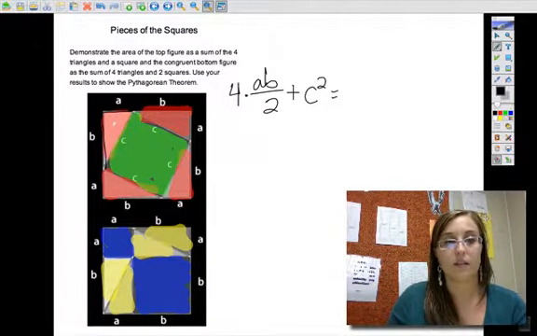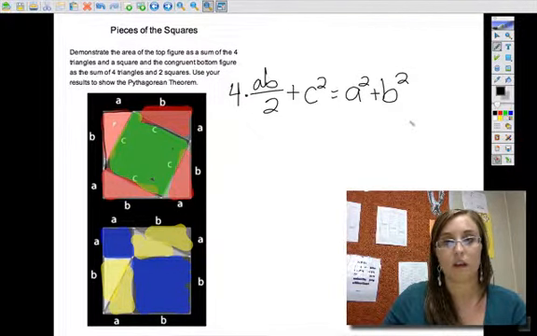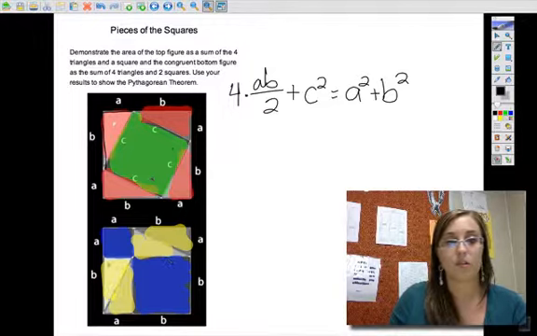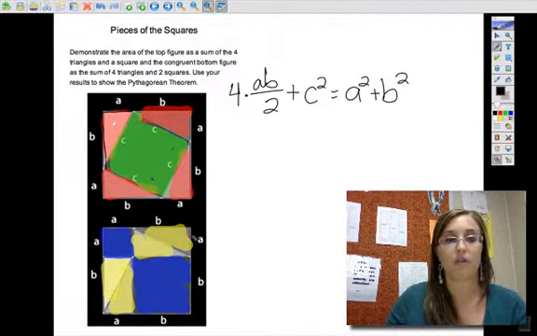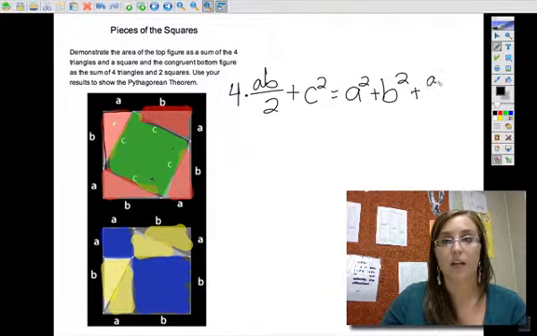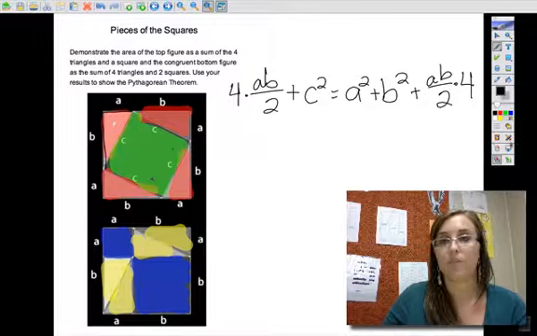So this area right here of this blue square is A squared, plus the area of the other blue square is B squared, okay? And then the area of this triangle plus this triangle plus this triangle plus this triangle is the same as these 4, all right? So we've got 4 triangles. We've got A times B divided by 2 times 4, okay?